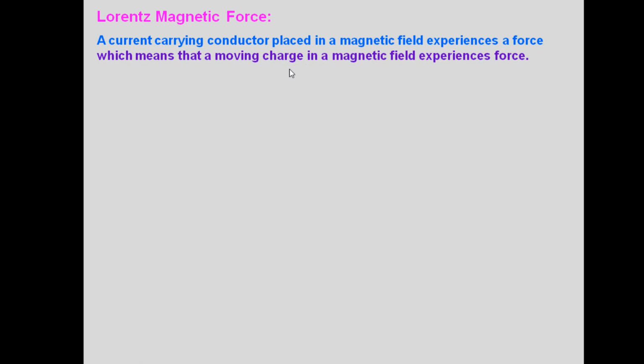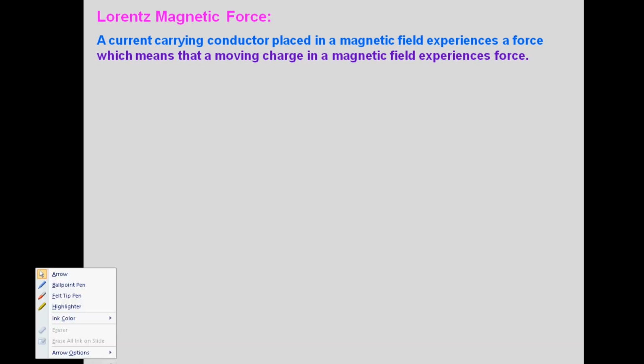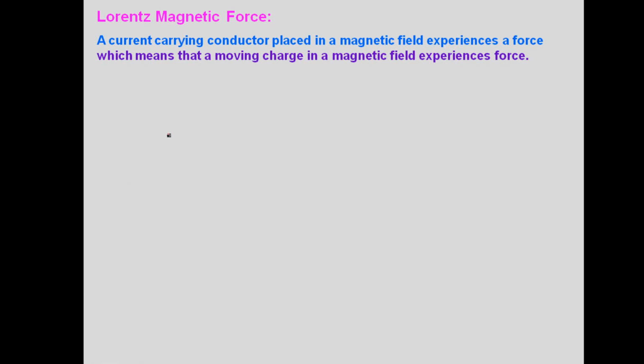Basically, whenever a charged particle starts moving, it produces magnetic field around it, and whenever it is moving in a magnetic field, then it will experience force. Similarly, the conductor carrying current also possesses a number of moving charges, and if it is placed in magnetic field, then it will have a tendency to experience a force that is known as Lorentz magnetic force or magnetic Lorentz force.